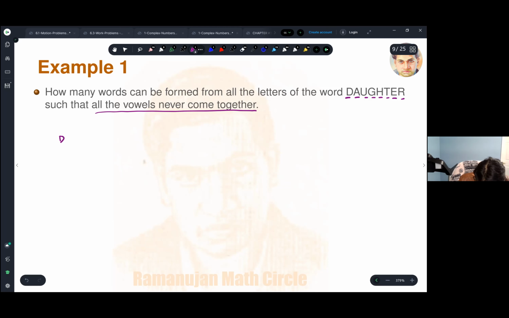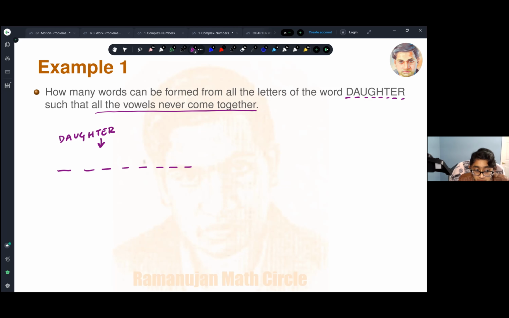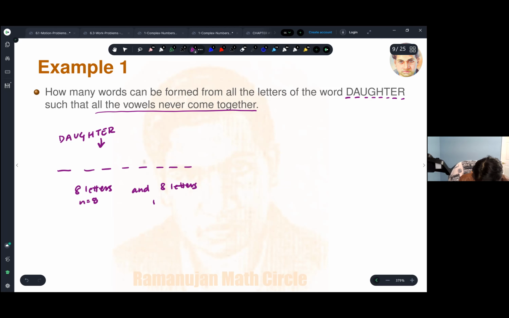So for daughter, there are 8 letters, and so we have 8 blanks, 1, 2, 3, 4, 5, 6, 7, 8. So it's going to be a permutation, so n equals 8, and you have to pick 8 of those letters and rearrange them, so r equals 8.